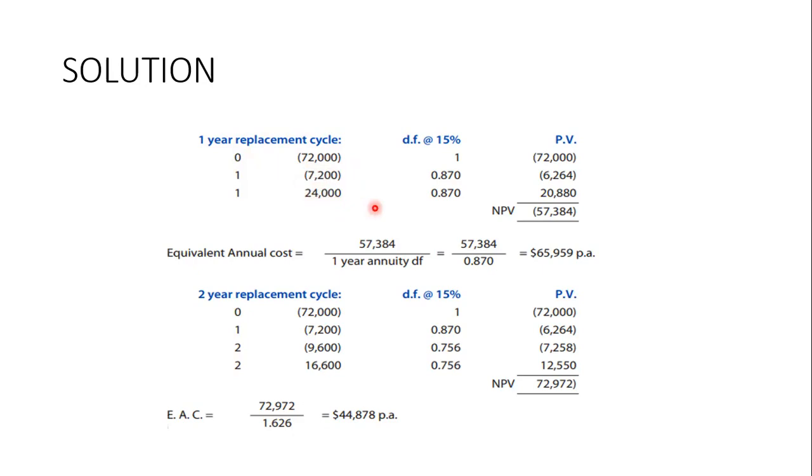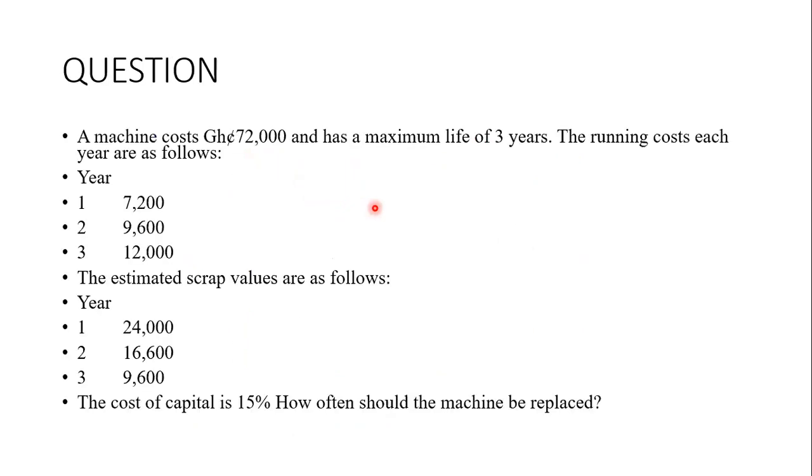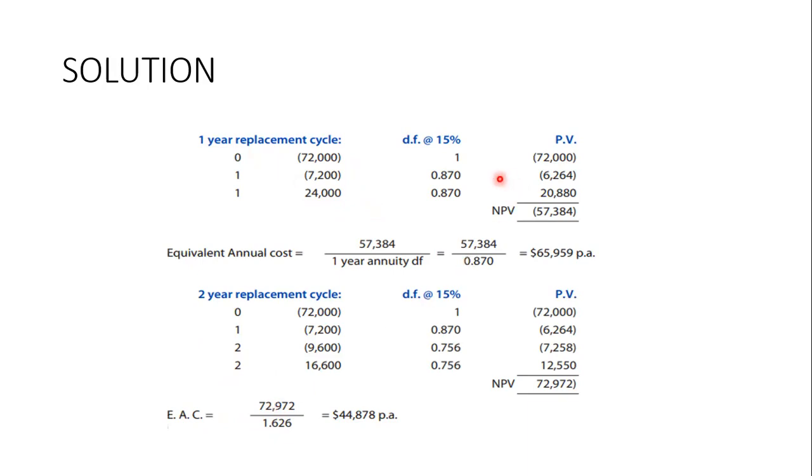So all we have to do is to discount these and then derive our NPVs. We're given a cost of capital of 15%, which is what we are going to use to discount our cash flow. So you calculate the discount factors for 15% for year 0 and year 1, and then we use that to evaluate our decision.